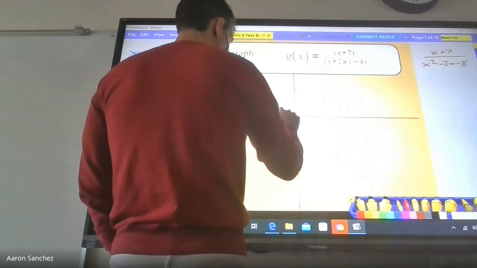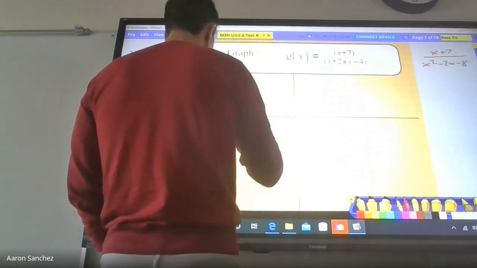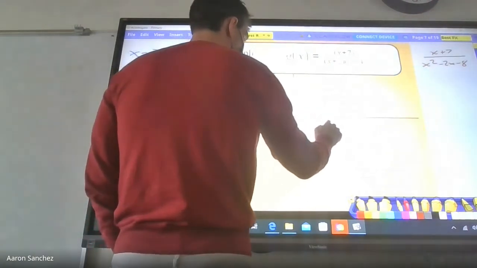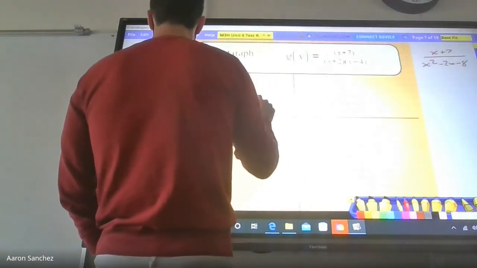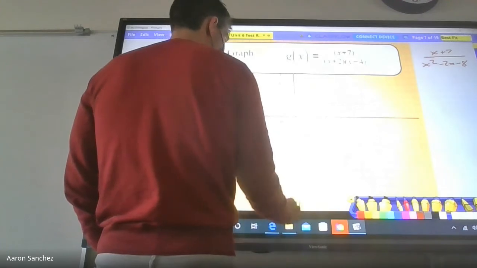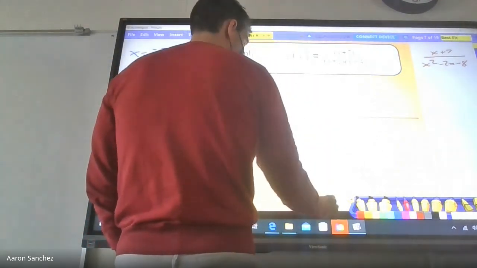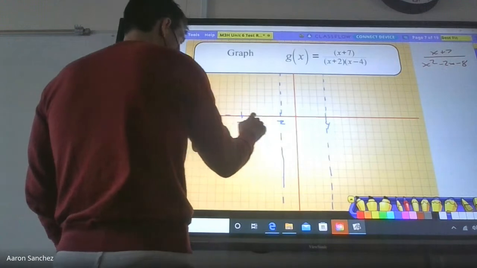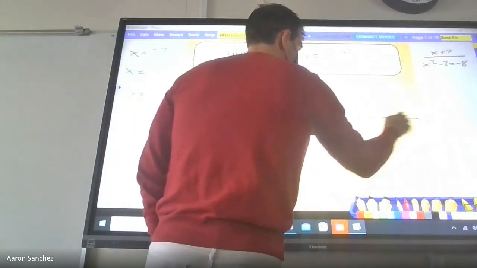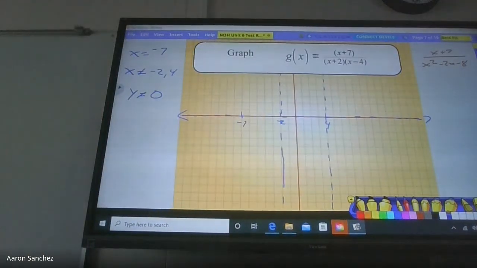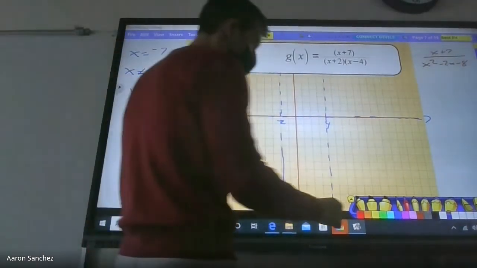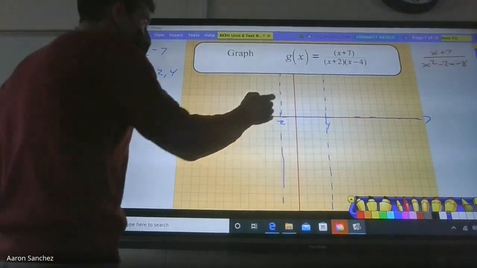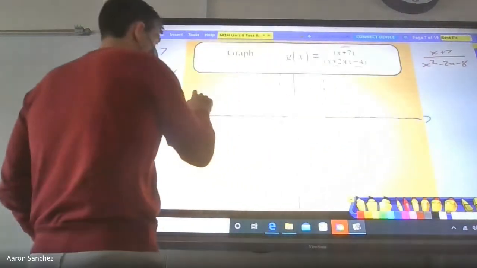Okay, so let's put them on the number line. We have -7, and -2, and 4. Because the numerator's exponent is smaller than the denominator's, everything is going to be negative out at the far left. Three negatives make a negative.